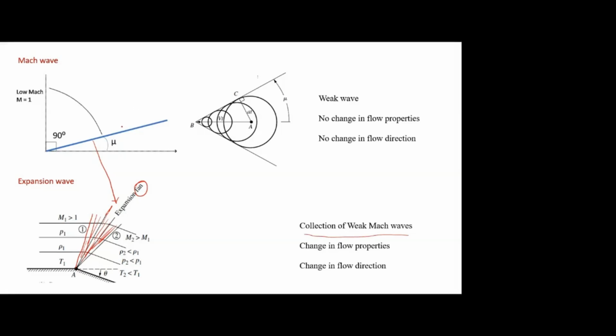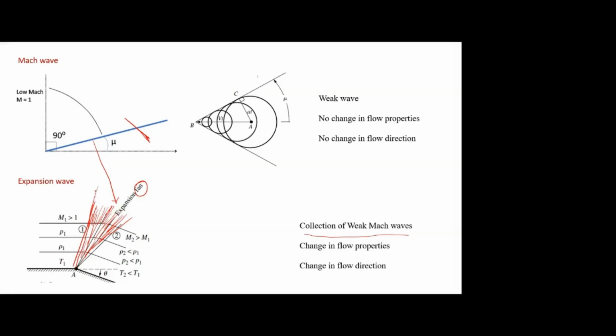So I said across the Mach wave, there is no change in flow property and direction, right? But actually, there is a small change in flow direction and flow property, which is negligible. Okay, the minute change in flow property and flow direction, which is negligible. But here, in the expansion fan, we have an infinite number of Mach waves.